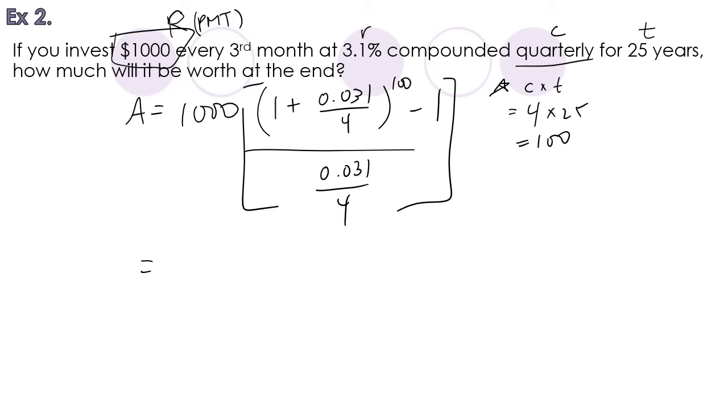Oops. 0.031, ABC or divide button, 4. Close bracket, exponent button, 100 equals minus 1 equals divided by open bracket, 0.031, divider fraction button, 4, close bracket, equals times 1,000.